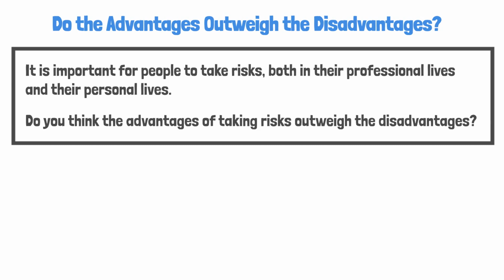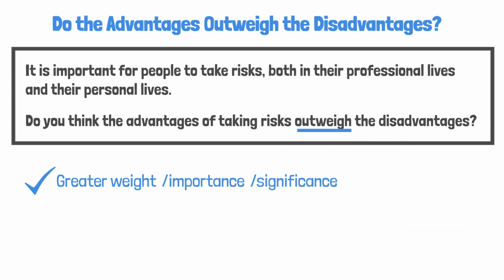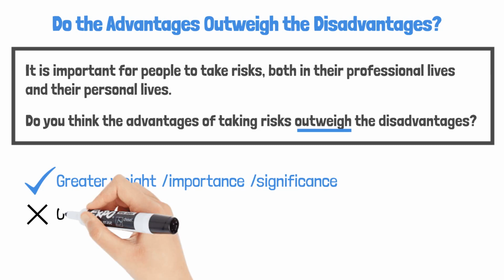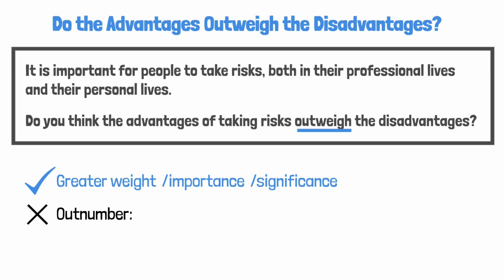I explained in another video that the use of outweigh means they are asking if the sum of the advantages carries greater weight, greater importance, or greater significance than the sum of the disadvantages. In other words, they are not asking you to count how many advantages and disadvantages there are and decide if the advantages outnumber the disadvantages.